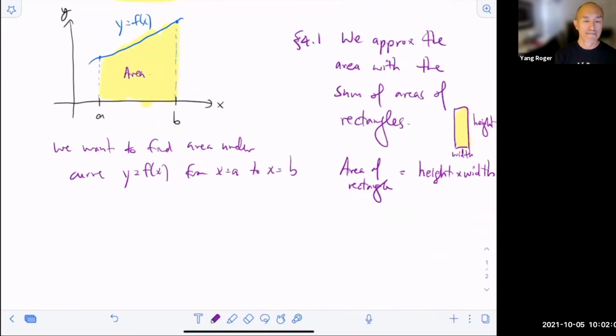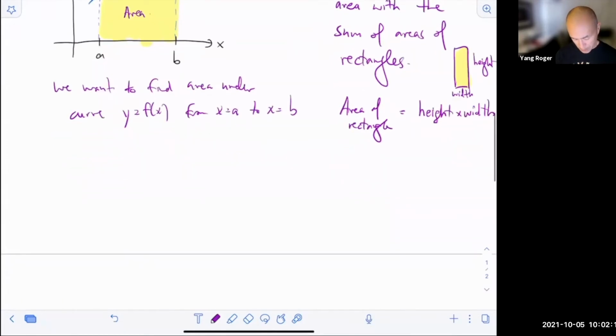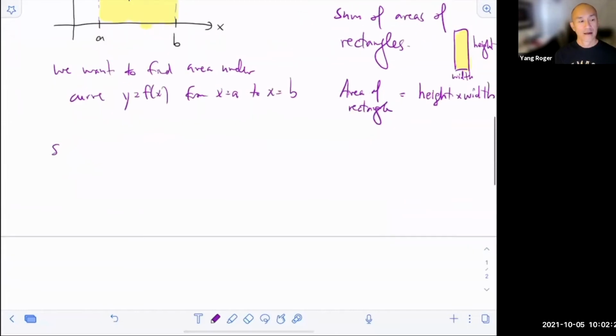So I want to break this down in further detail for you. Let's say we're talking about section 4.1. There's a few things I would do.